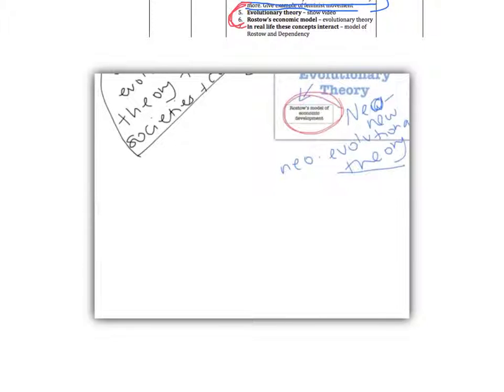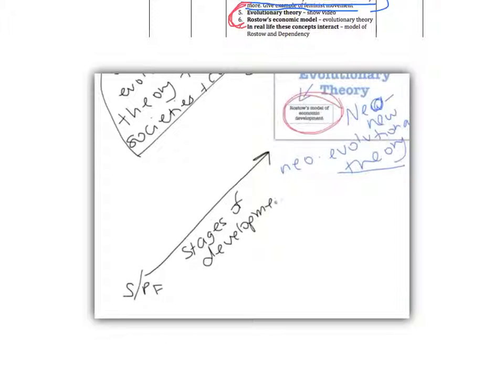So Rostow talks about economies moving from subsistence or primitive farming through what he calls stages of development until they reach this high mass consumption utopia at the other end.